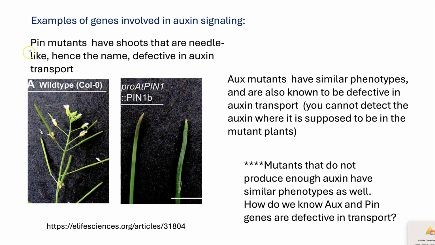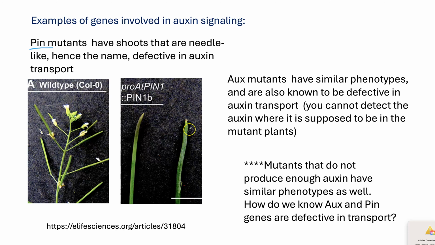And this is just an example. So there are mutations, a whole series of them called PIN mutants. And they have this funny needle-like phenotype. So this is one that actually affects the inflorescence. So this is the stem that gives rise to the flowers. And when you look at it, they're called pin for obvious reasons.